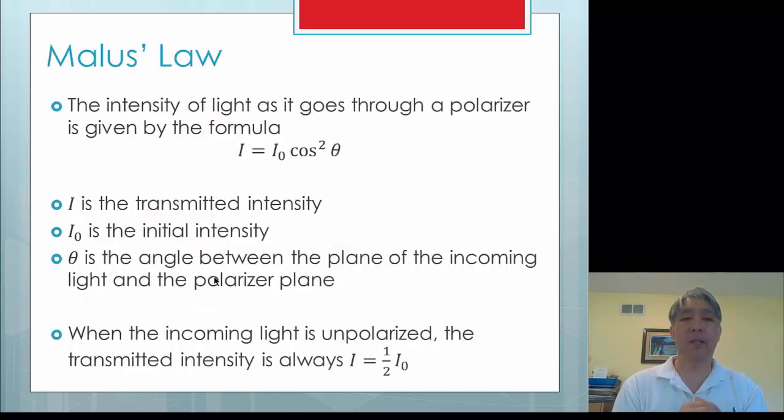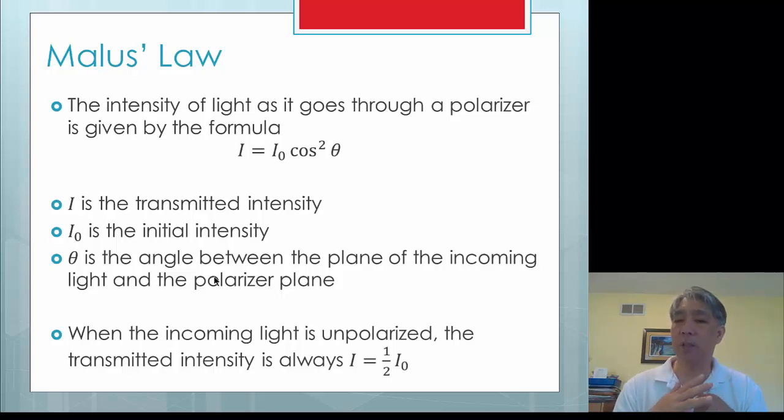And that brings me to Malus's law. Malus's law basically relates the intensity of the light after the polarizer to the intensity of the light before a polarizer. It's given by this formula: I equals I0 cosine squared theta. I is the transmitted intensity, the after intensity. I0 is the initial intensity. And theta is the angle between the plane of the incoming light and the polarizer plane.